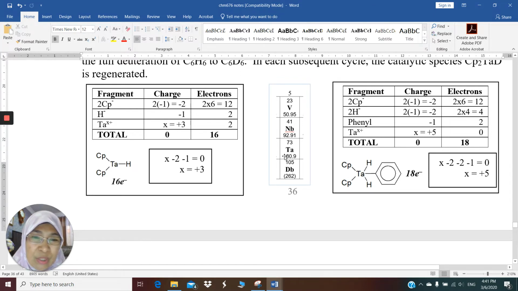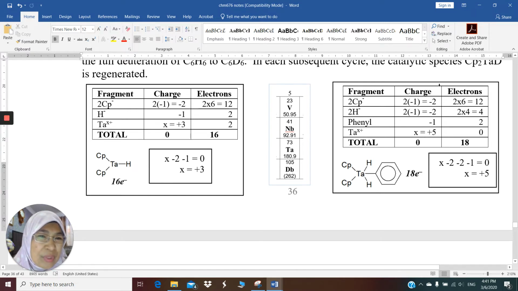So tantalum with no oxidation state, or tantalum 0, has 5 electrons. With tantalum 3, it loses 3 electrons, leaving you with only 2 electrons. So if you count the electrons, you have 12 plus 2 plus 2, that is 16. So it is very clear how this species is a 16 electron species.